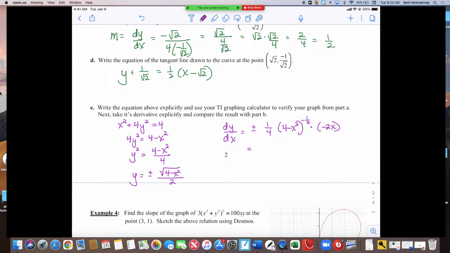Well, that minus with the plus or minus, it just would flip it to minus plus, which is the same thing. So that's plus or minus. That 2 would cancel, and I'd be left with x over the square root of 4 minus x squared.